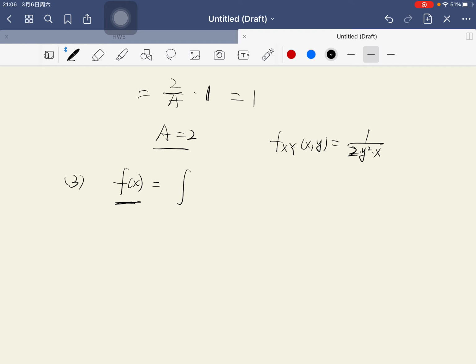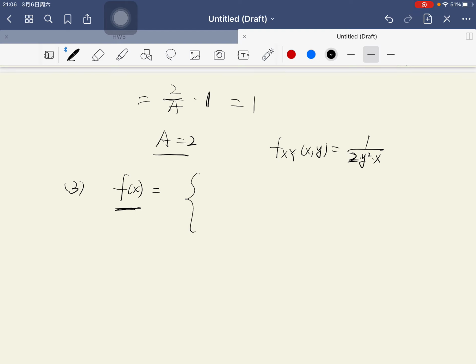So for the marginal of x, it is in two parts. When x is from 0 to 1, y is from 1 over x to infinity, because x is bigger than 1 over y and smaller than y, so it is this function, and the integral dy is equal to 1 over 2.